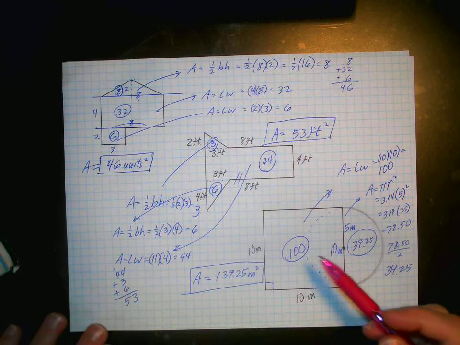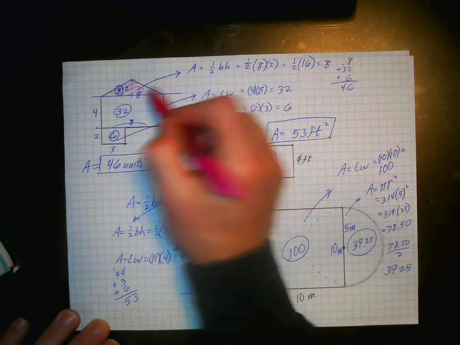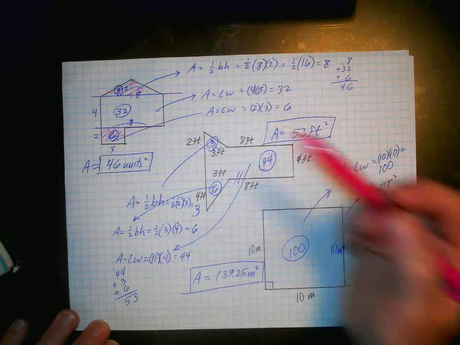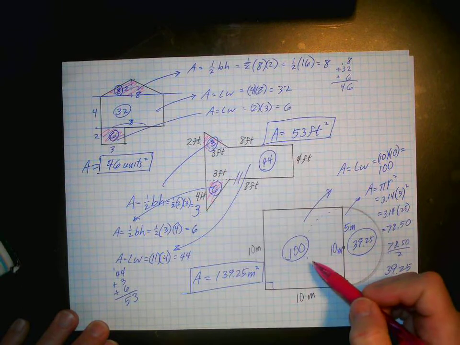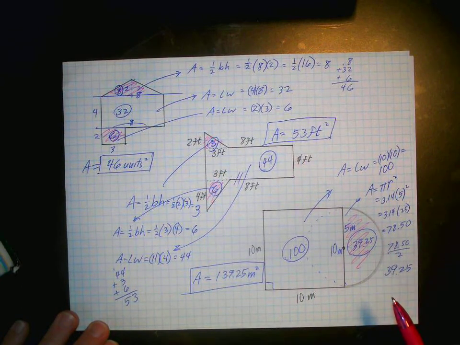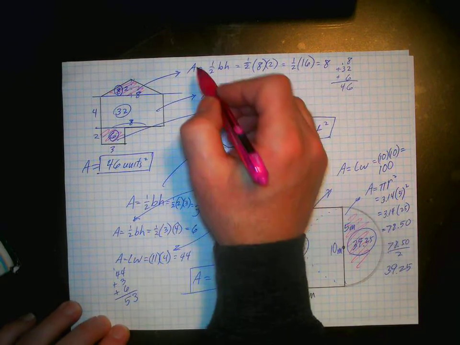I started these things by identifying what kind of pieces we are dealing with: triangle, rectangle, rectangle, rectangle, triangle, rectangle, and circle. And then I used my area formulas for them, which are right here.